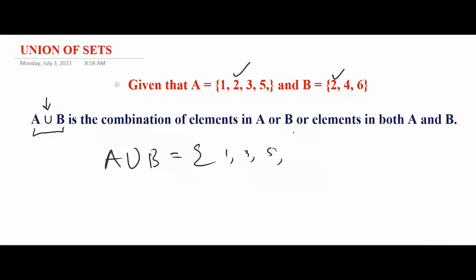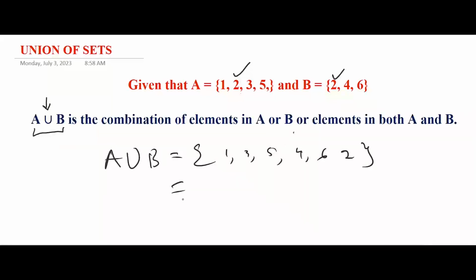The elements in B will be 4 and 6. Then the element that is common to the 2 sets is 2. So that is the meaning of A union B: the combination of the elements in set A, plus the elements in set B, plus the element in the 2 sets A and B.